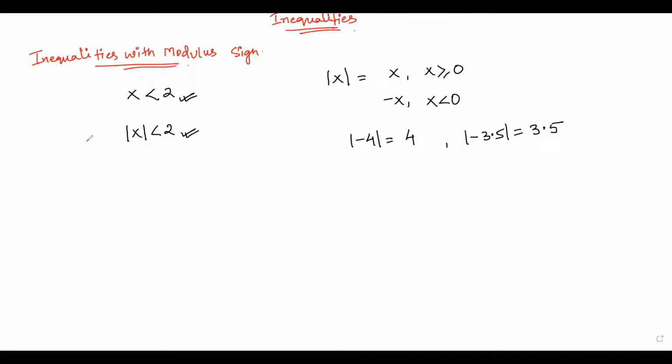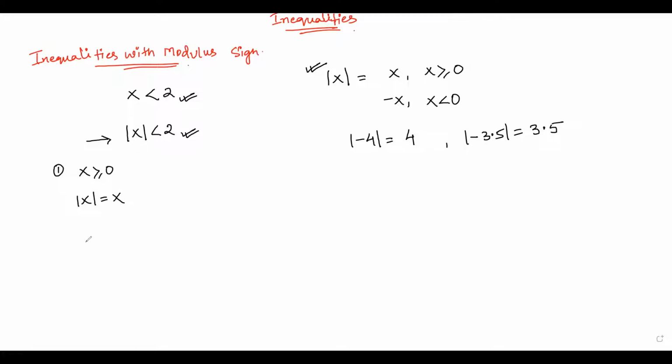So now if we come back here, we need to find those values of x such that mod of x would be less than 2. To solve this, let us consider two scenarios. The first, let us assume that x is greater than or equal to 0. Then as per the definition of modulus function, mod of x would be plus x.